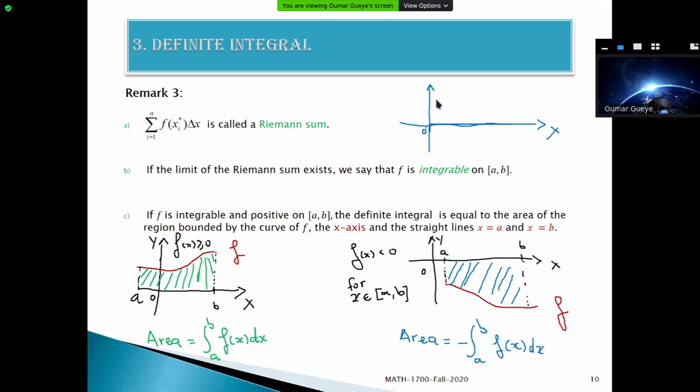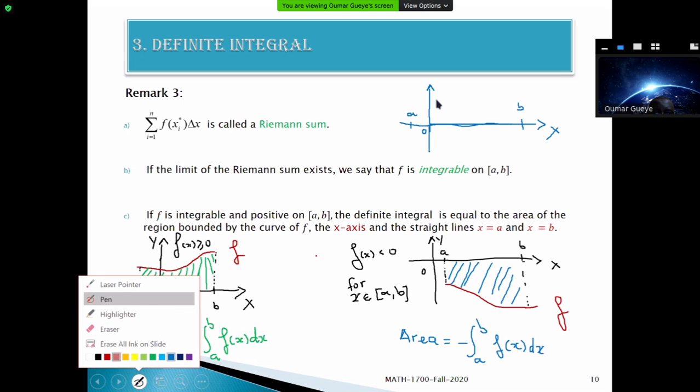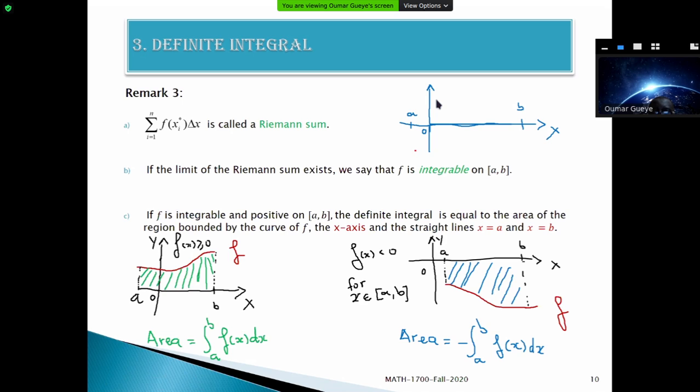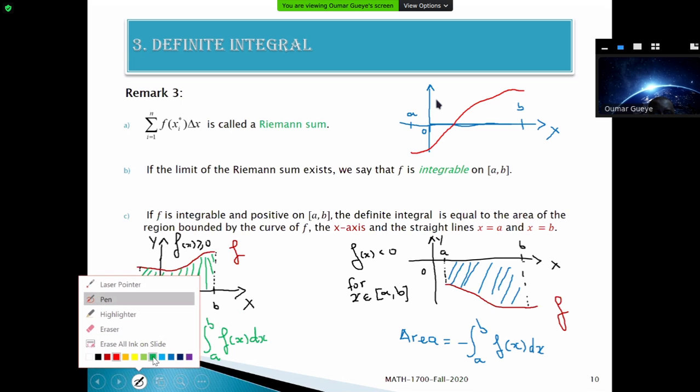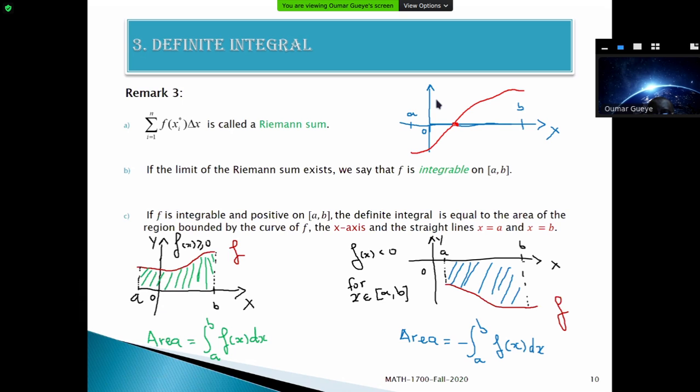So let's suppose here you have A and B, and the curve looks like this. I'm going to call this point, the x-intercept, C.